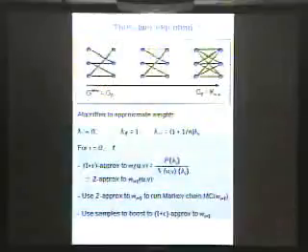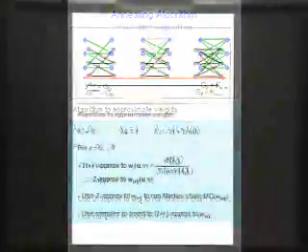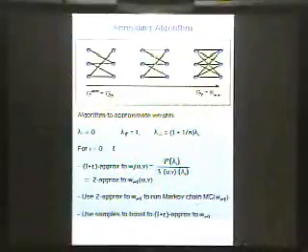So let's try to define an annealing algorithm. We start with lambda very close to 0. And in each iteration, we're going to increase lambda by some bounded amount and recompute the values of these polynomials. So assume that we have a very good approximation to these weights when lambda is small, close to 0.